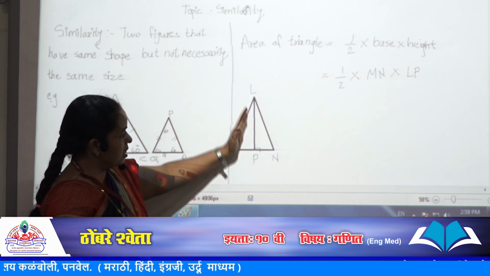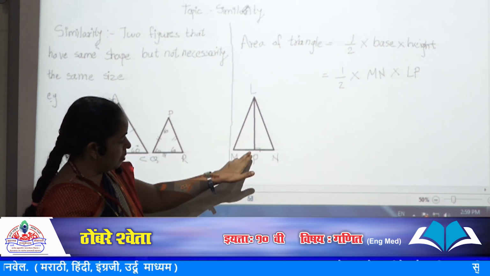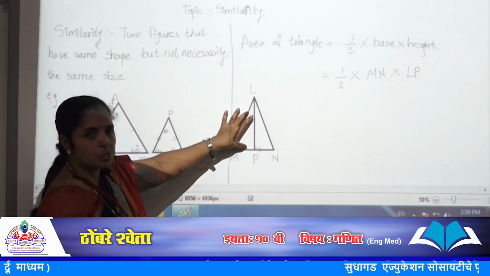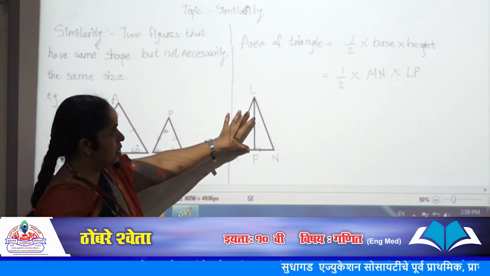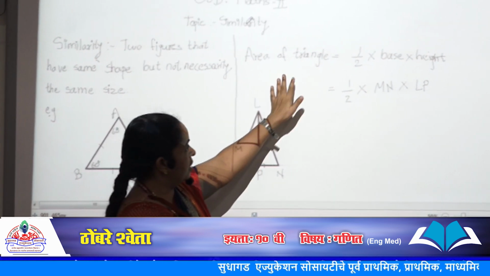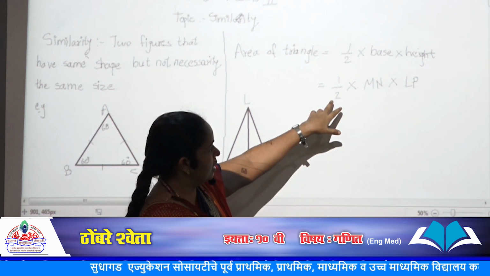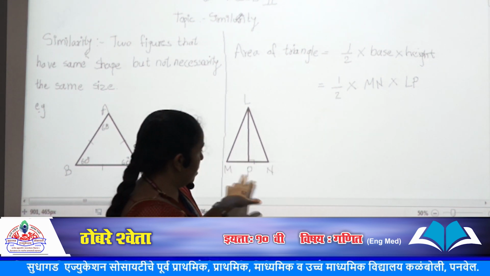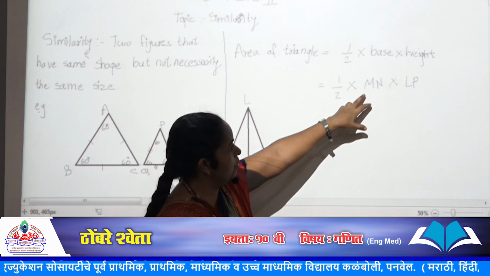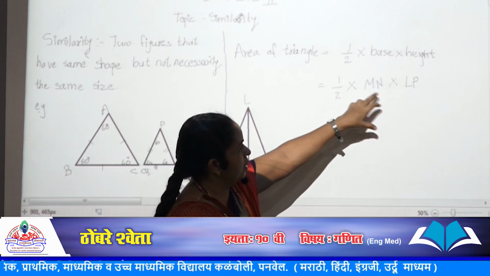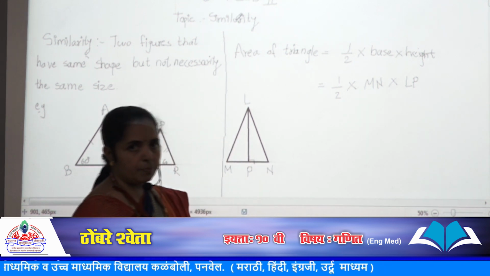Here LP is the perpendicular drawn on base MN. So here LP is called the height of the triangle. Using this we can find the area of the triangle by the formula 1/2 into base into height. That means 1/2 into MN into LP.